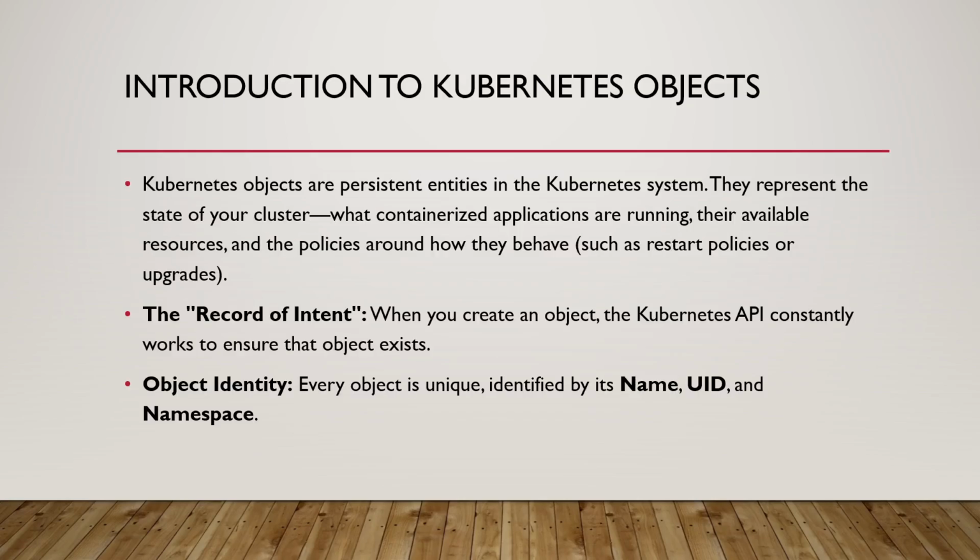So basically, these are the three main pillars of every object. You can think of it like this: name is the name, UID is the unique identification ID that is attached to every object, and namespace is used for isolation in a multi-tenant environment.